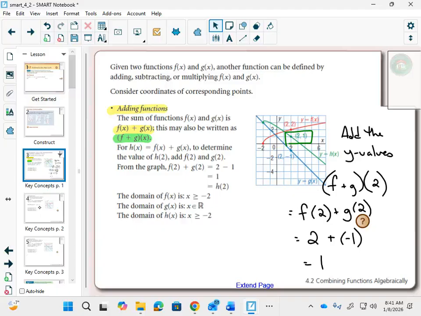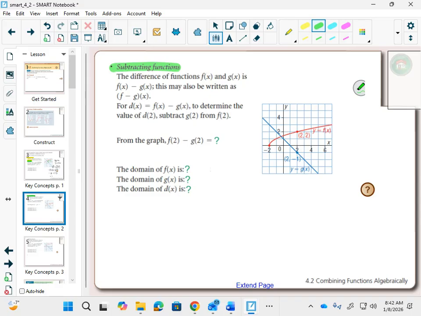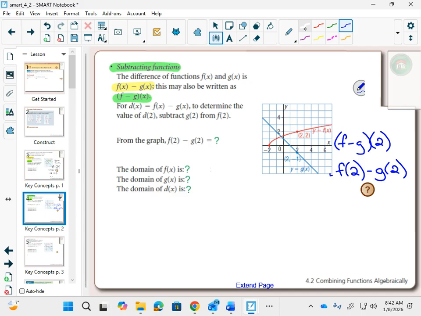So in all of these, we'll take out our highlighter again for subtracting. We'll do this rather quick. There's our subtracting functions. We have the not nice notation, and we have the nice notation. So my recommendation is whenever you have the not nice notation, like if you got f minus g of 2, write it as f of 2 minus g of 2.